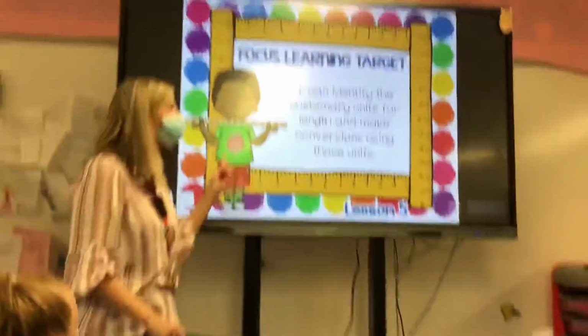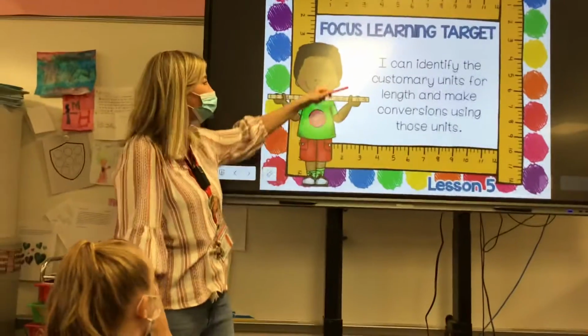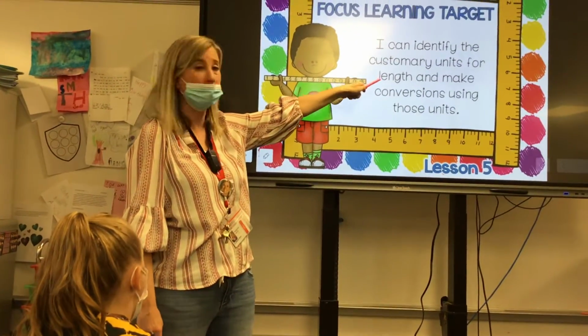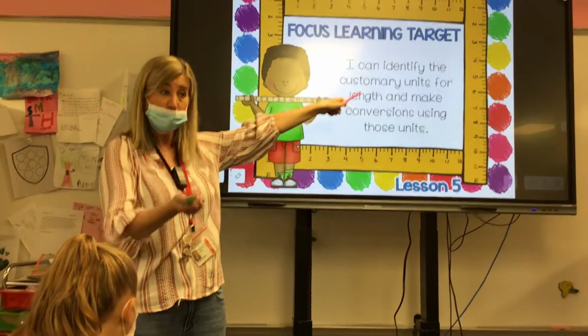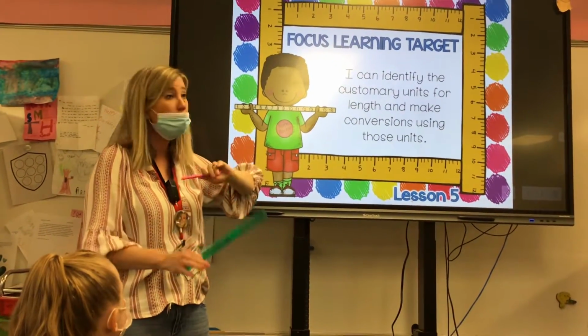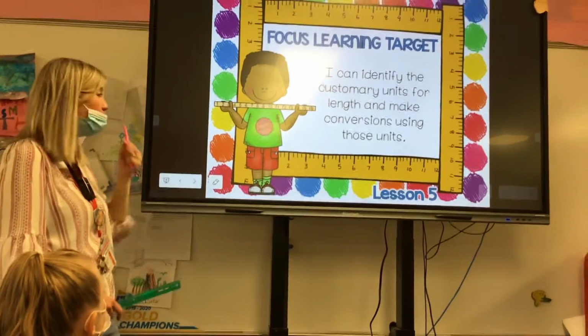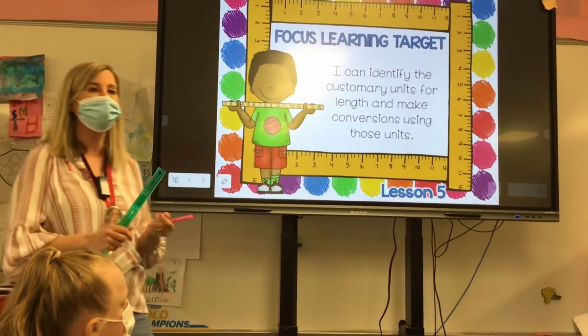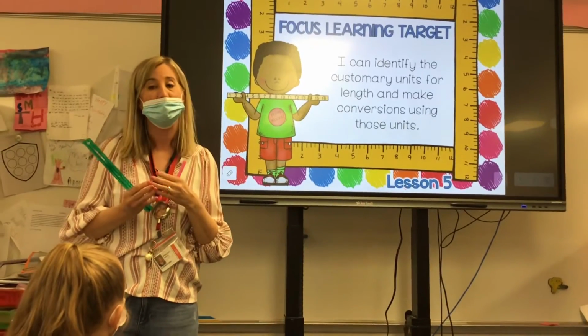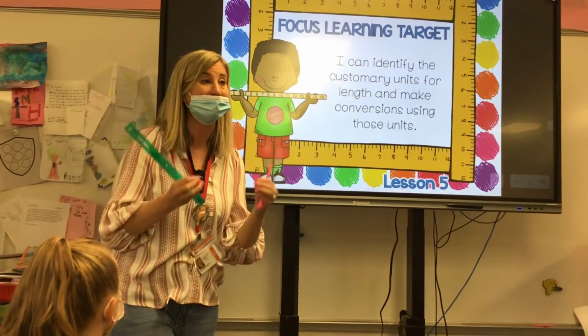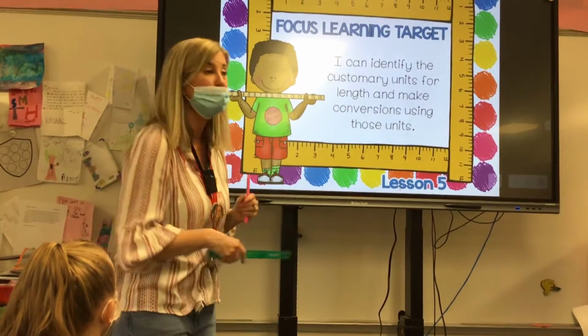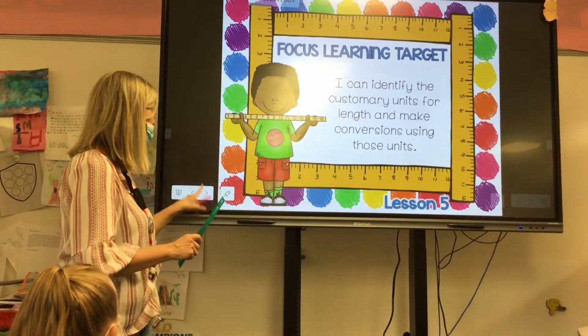Okay. So our goal is to be able to identify customary units, which is what we are practicing. We're getting a little confused for length, and make conversions using those units. The good news is the way we make conversions stays the same. It doesn't change. It's just that the conversions are different.